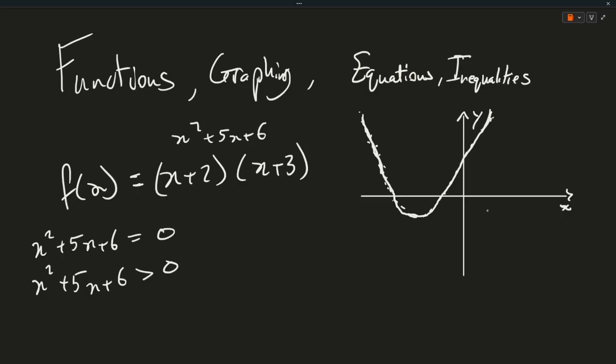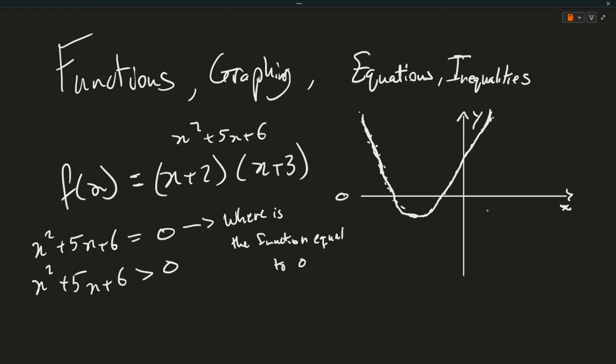So an equation is asking us, where is the function equal to 0? That's what it's asking. It's quite obvious. This x axis here is our 0 line.